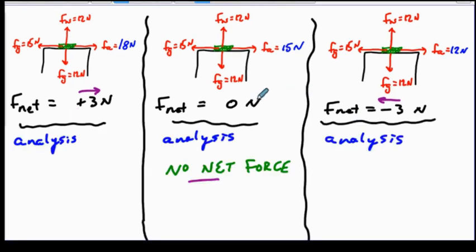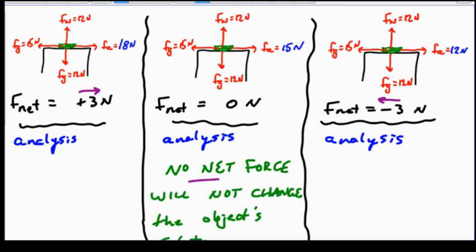Now let's analyze these 3 different scenarios. We'll start with the center one, because this is the most logical and the one that we've dealt with before. When the forces moving side to side cancel each other out, we have no net force. F net is 0. What does this mean?